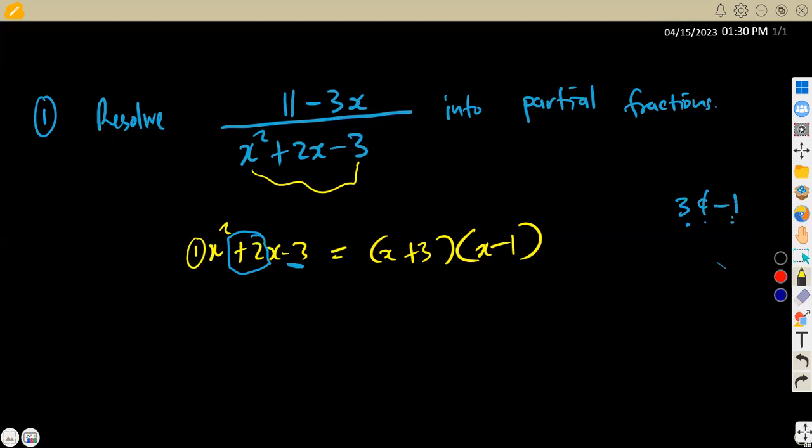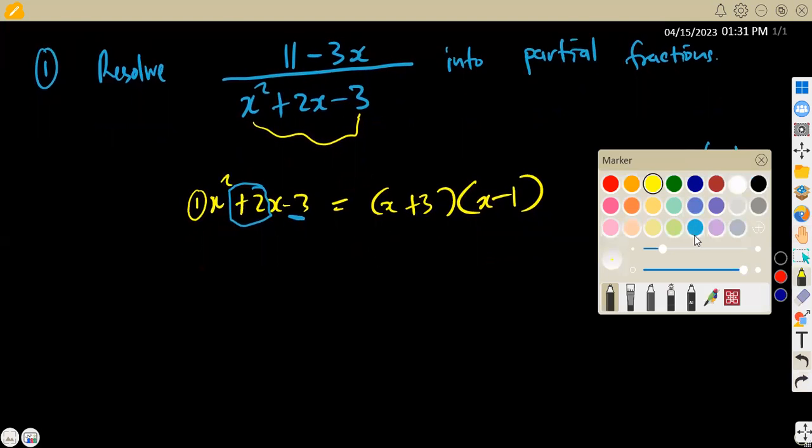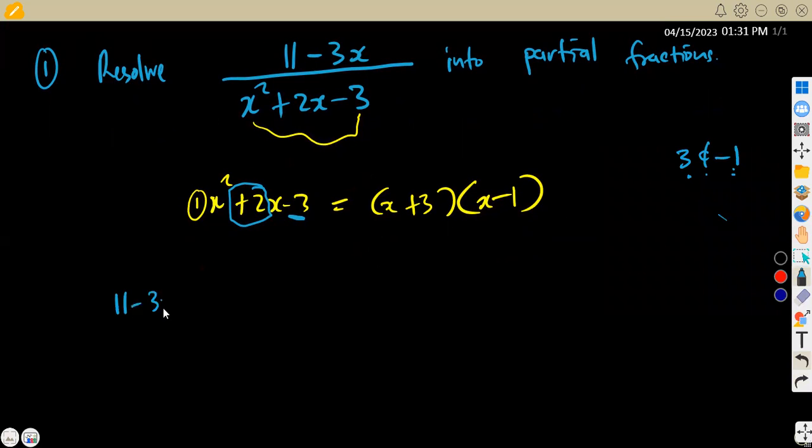So now we can rewrite this whole part of our question as 11 minus 3x, everything over our denominator, which is now factorized: x plus 3 into x minus 1. So this is what we have in factorized manner.